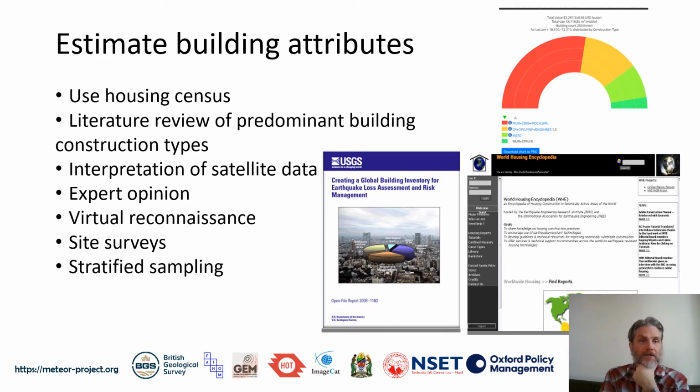Virtual reconnaissance, that's the street view type approach. Site surveys, and this would be the type of thing that we did on our level 3 data. We'll have a session where we discuss that in much more detail, where you actually send people out and do a stratified sample.